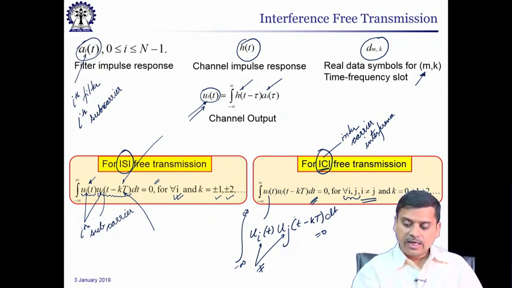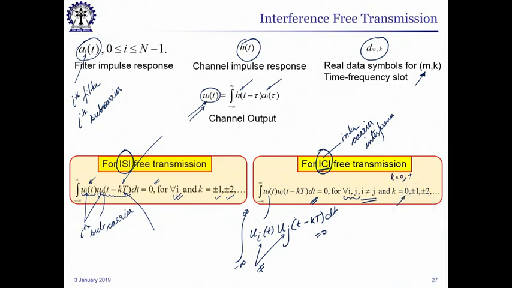And for values of k, this includes 0 as well, so for values of k equal to 0, plus minus 1, plus minus 2, and so on. If you take the value of k equal to 0, you will get the integral of ui(t) and uj(t) from minus infinity to infinity dt being equal to 0. So, this is ICI on the same time domain symbol block.